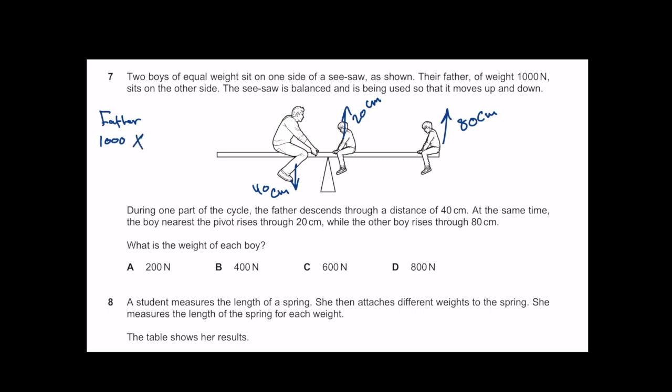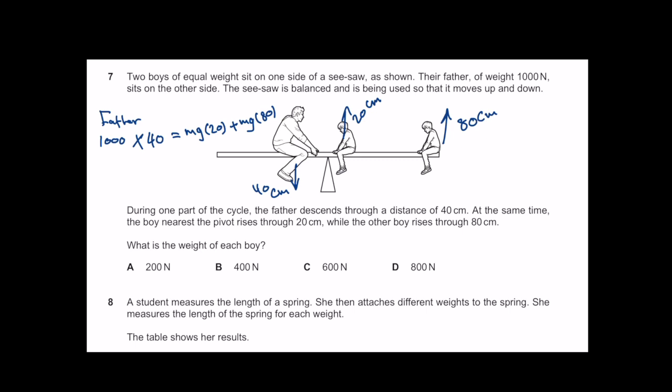So can I keep using centimeter here? Times 40, equal to mgh for the kids. So I'm going to write here mgh is 20 for the first kid, plus mg, the same m and the same g for sure, for the second kid. And write 80 centimeters here.